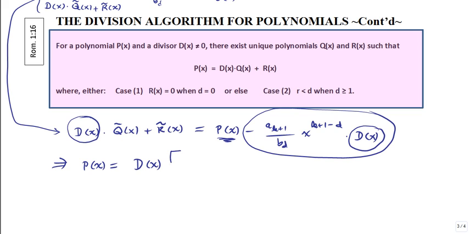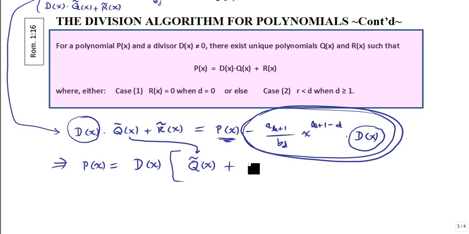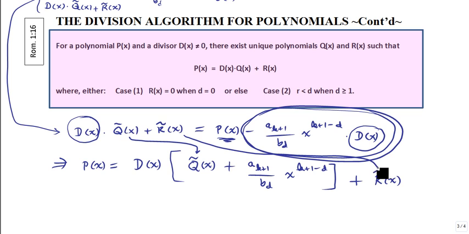If I do that, I can write this as the following: the q tilde of x, which is this term, plus, since we took this one that I've circled to the other side, the minus became a plus, a sub k plus 1 over b sub d times x to the k plus 1 minus d, plus the r tilde of x, which is that.